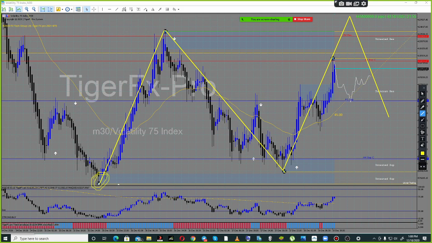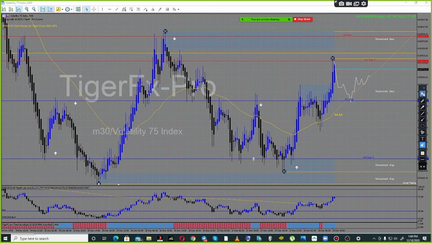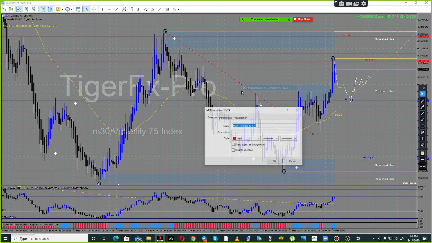If I use TradingView for taking trades, when I analyze there I will first identify the impulse move, and then I will draw my trend line like this. Let me change color for this.